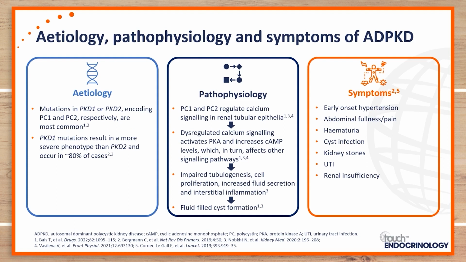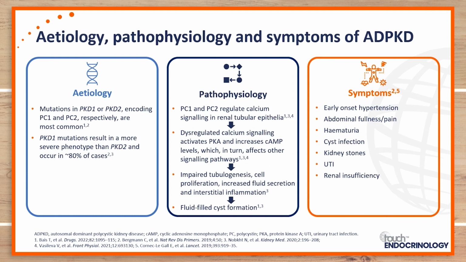In terms of the pathophysiology, PC1 and PC2, polycystin 1 and 2, regulate calcium signaling in renal tubular epithelia. The dysregulated calcium signaling then activates PKA and increases cyclic AMP levels, which in turn affects other signaling pathways.